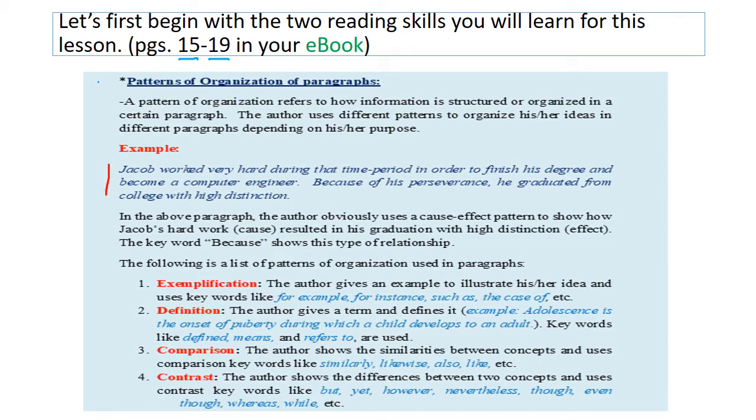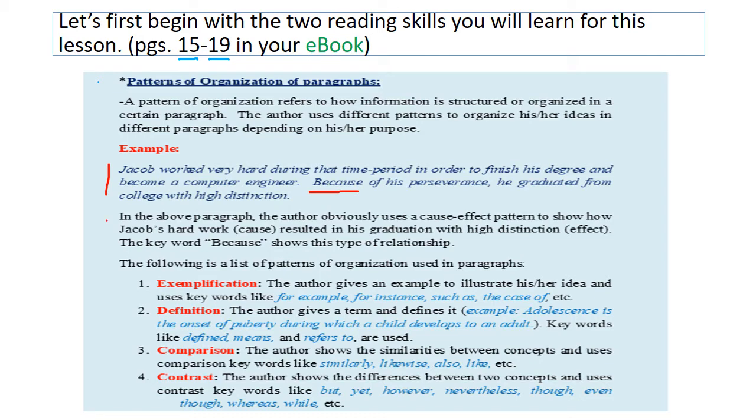Jacob worked very hard during that time period in order to finish his degree and become a computer engineer. Because of his perseverance, which means determination and willpower, he graduated from college with high distinction. What do you see here in this paragraph? What pattern?